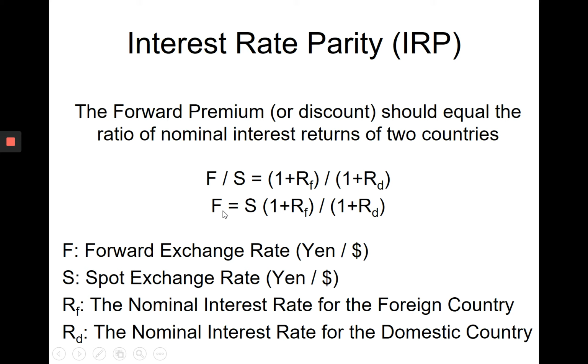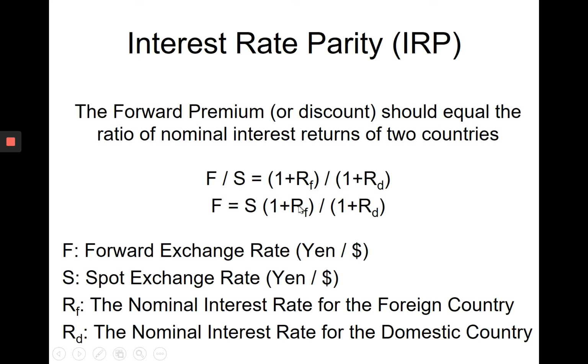When we are doing the money market hedge, we are dealing with the entire right hand side of this equation. And of course, this equation is just a rewriting of the interest rate parity equation. The right hand side says you first borrow money and pay interest on it, so you multiply by 1 plus the foreign interest rate.